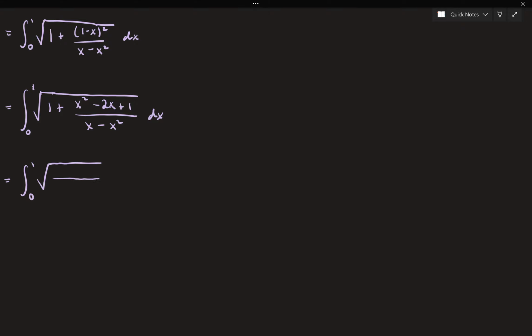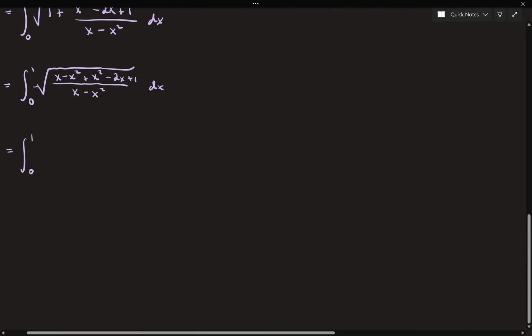So I've got over x minus x squared. Big square root outside. 1 turns into x minus x squared. And then I've still got my x squared plus, minus 2x. I should have written this one bigger. Plus 1. dx.